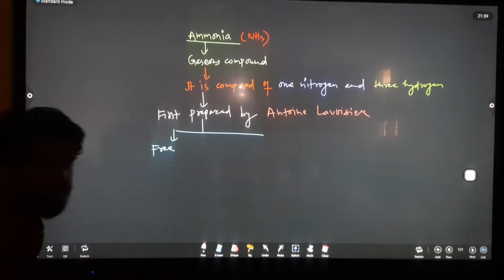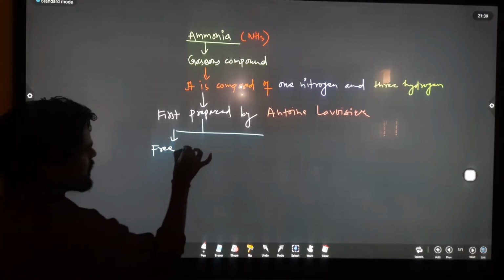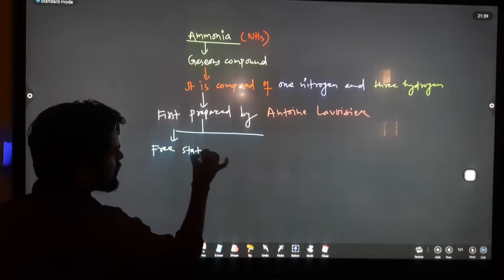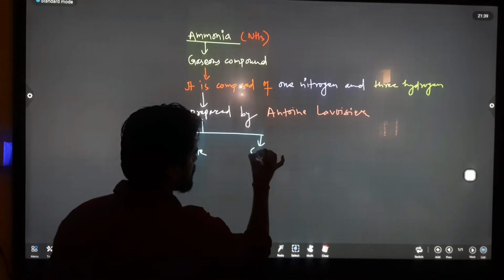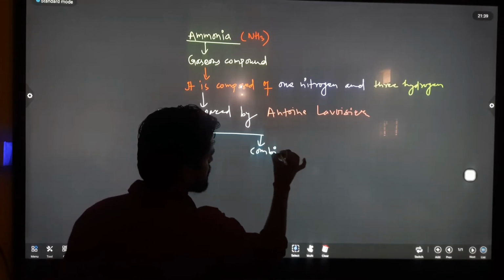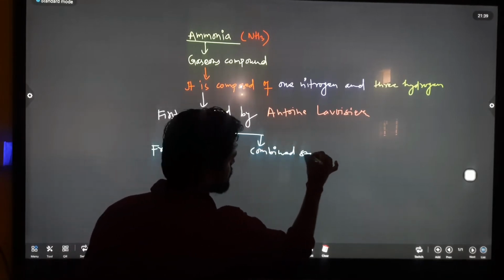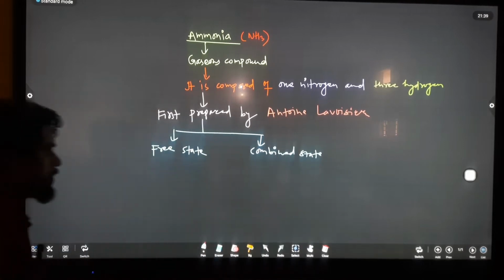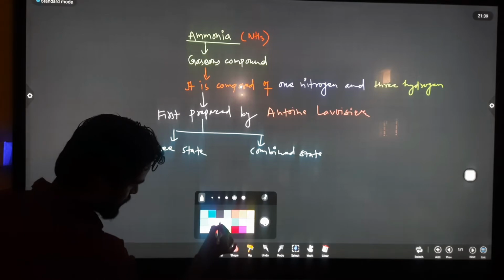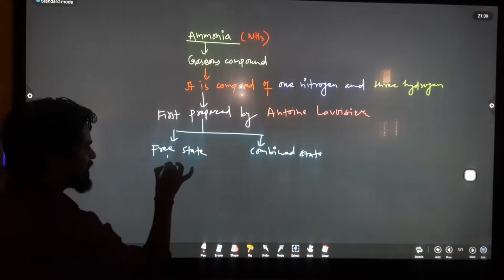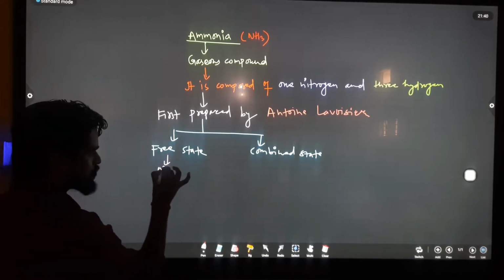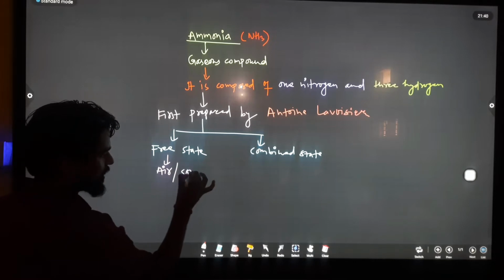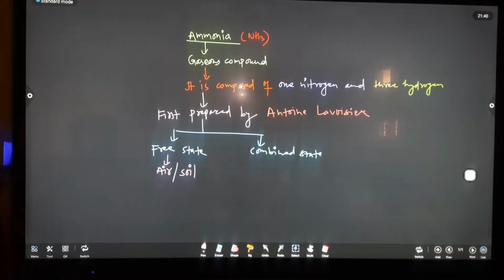It occurs in free state as well as in combined state. Free state means we can get it in air, atmosphere, soil. We can get ammonia.